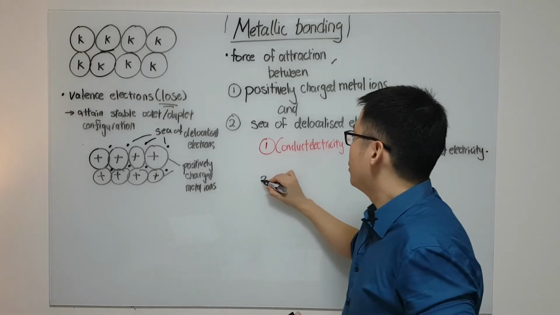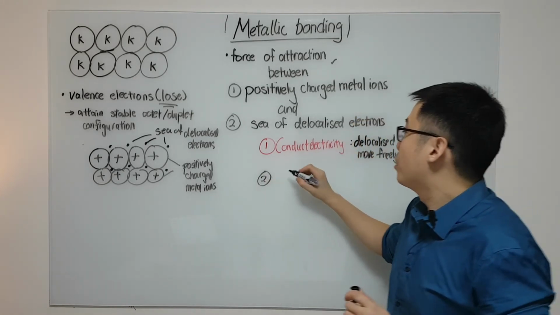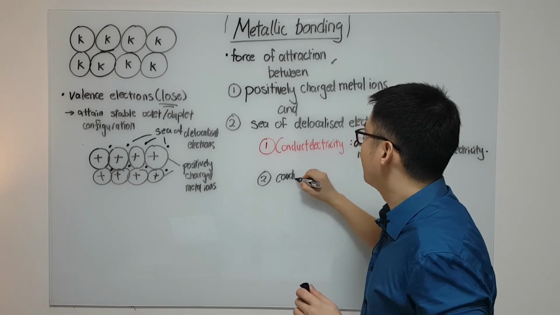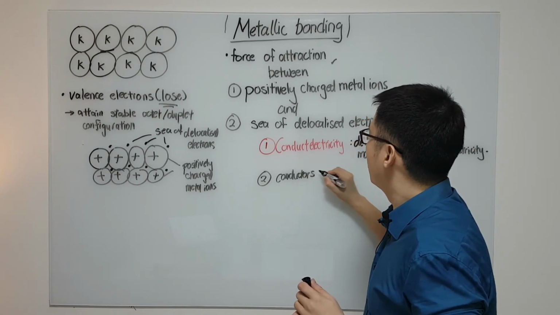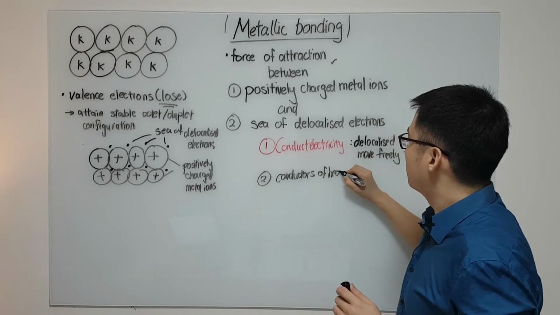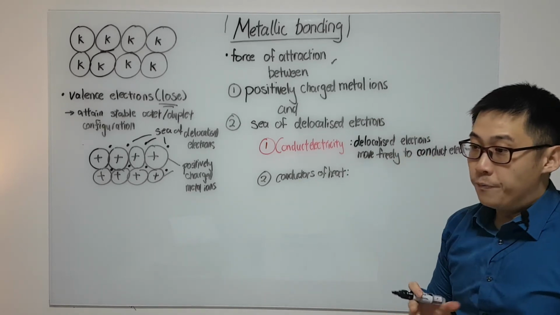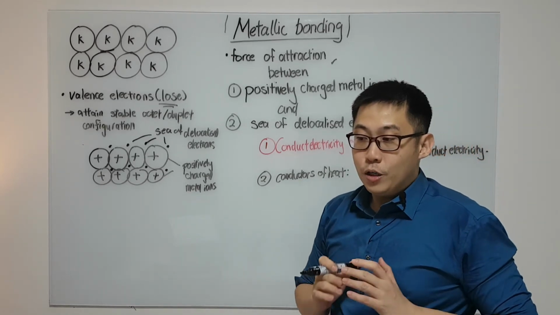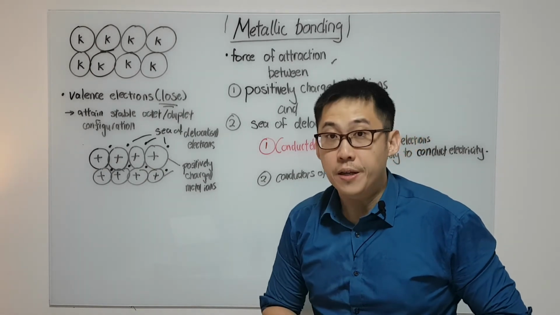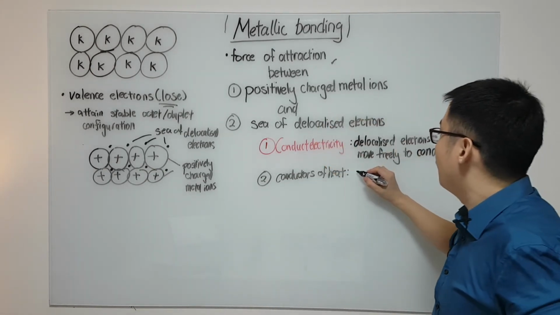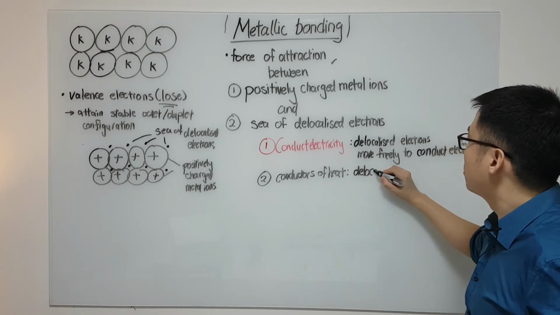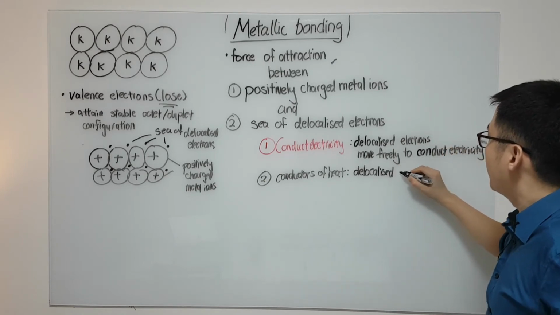Next, you also know metals are good conductors of heat. They are able to conduct heat, once again, because of the presence of delocalized electrons.